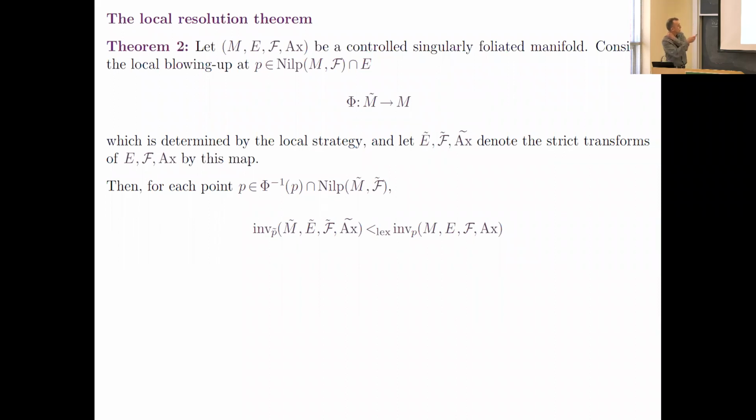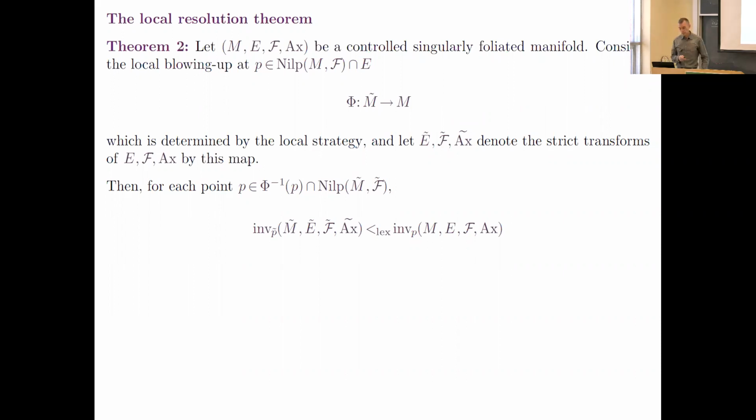And it shows that if you follow this local strategy and you look at what we call the sequence of infinitely near points, so at each step, you look just at the points which appear on the strict transform of the preceding step, you eventually will end with no nilpotent point because of this result, right?